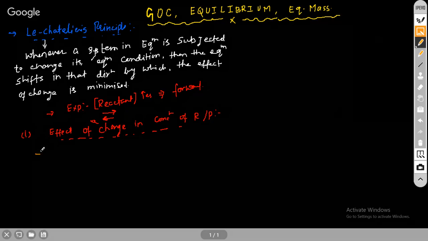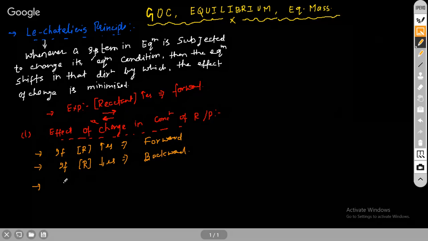We can write directly here that the square bracket means concentration of reactant. If the concentration of reactant increases, the reaction goes in the forward direction. Second case: if the concentration of reactant decreases, the reaction goes in the backward direction, because the concentration of reactant is decreasing, so the reaction will come backward to increase the concentration of reactant.